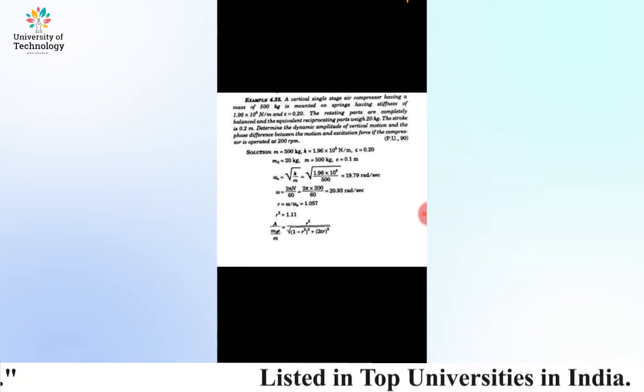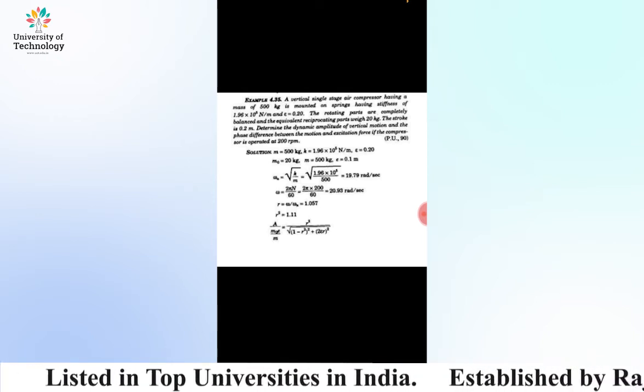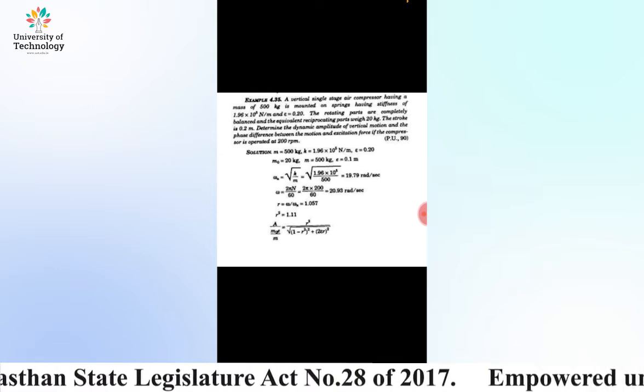Now for rotating unbalance, we have the formula that A by (m0 e by m) is equal to r square upon root of (1 minus r square) the whole square plus (2 zeta r) whole square.